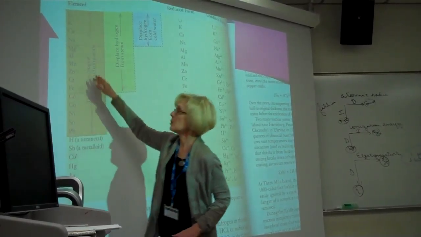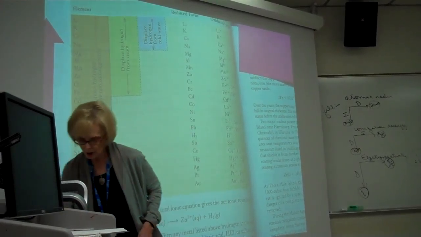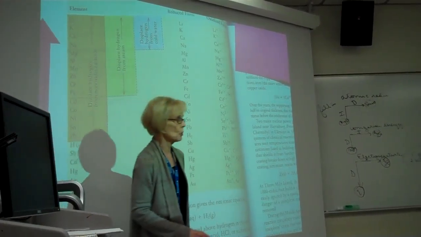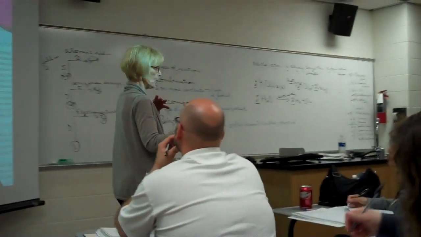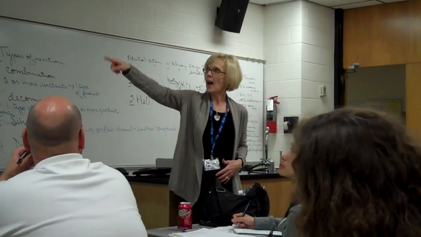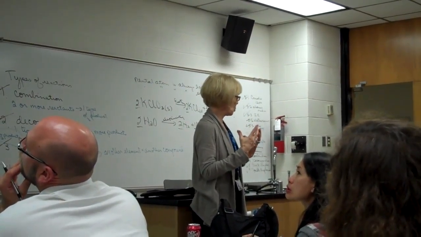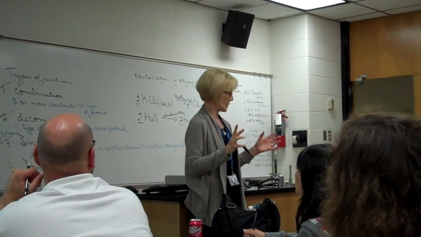then what you use is the activity series. And this is found on page 232. So if you were taking a review, practice review, or taking the test, that and the part kind of in the mustard color over there, that's the important part. Do not memorize that.